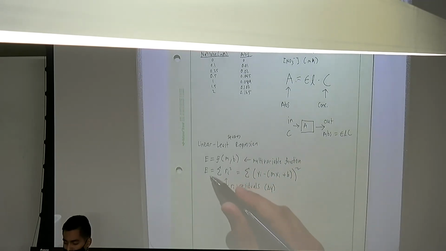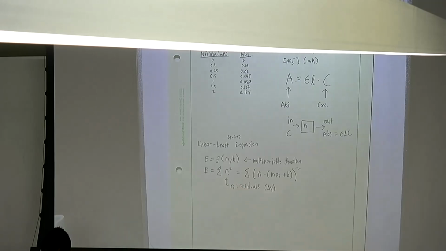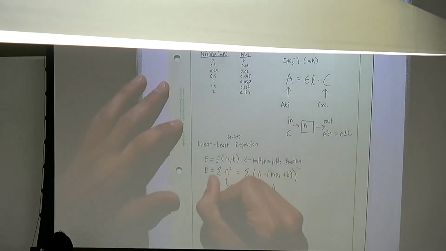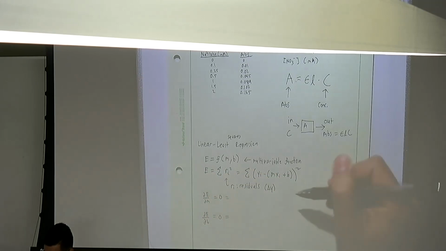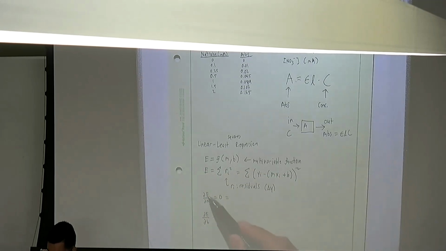So how do we minimize that? Yeah, we're going to take the partial derivative with respect to the slope, set it equal to 0, and the partial derivative with respect to the intercept, set it equal to 0. Okay, so how do we do that? So what's the partial derivative of this function with respect to slope?